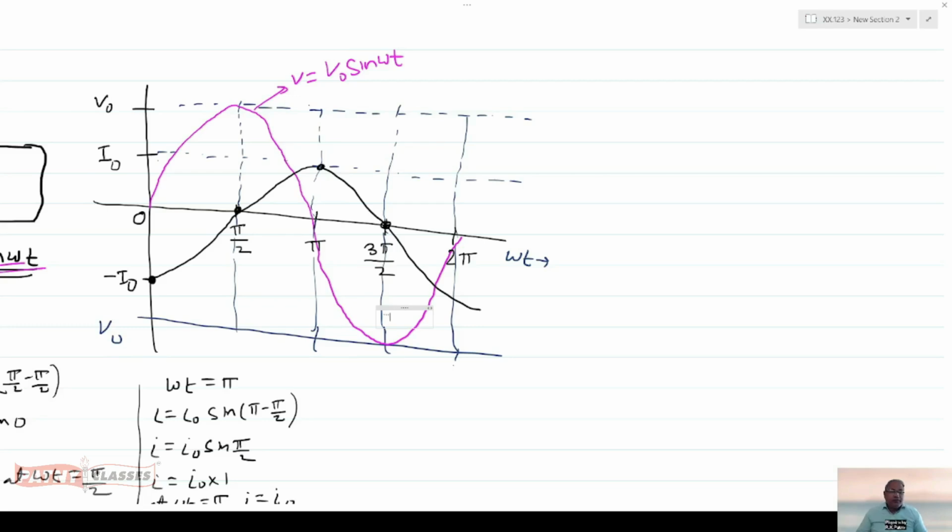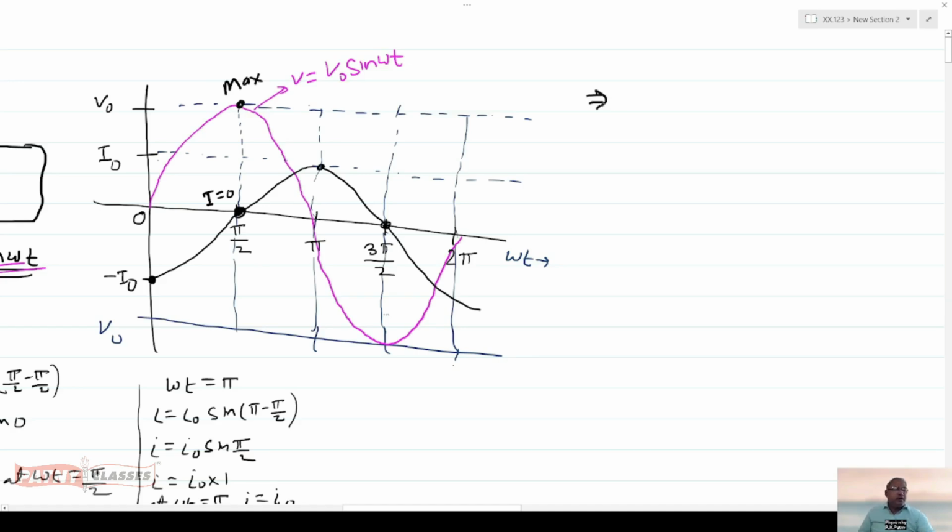After drawing the waveforms, we can get some characteristic behavior of the inductor circuit. In an inductor circuit, you see that when the current is 0, I equals 0, at that time the voltage is maximum. So when the current is 0, the voltage is maximum.